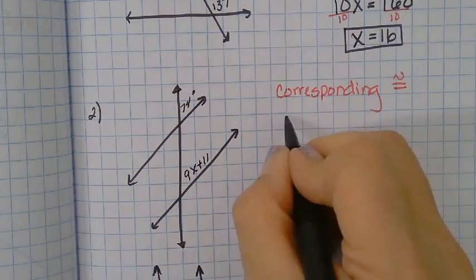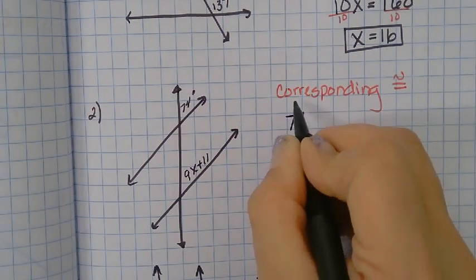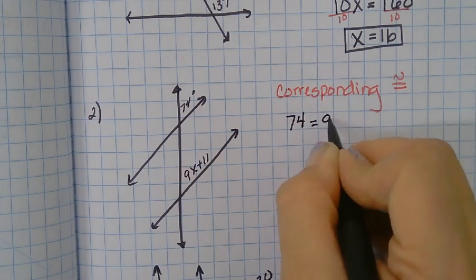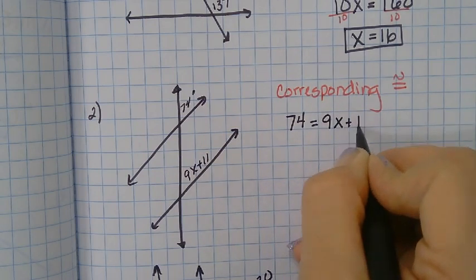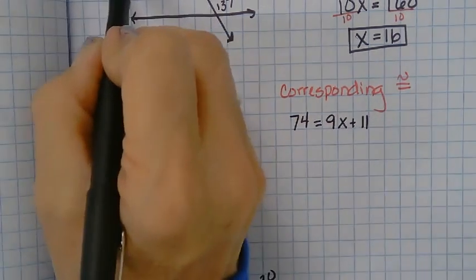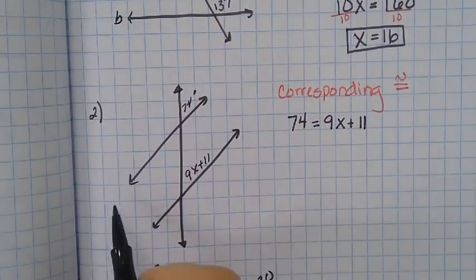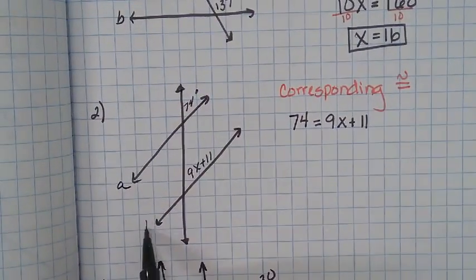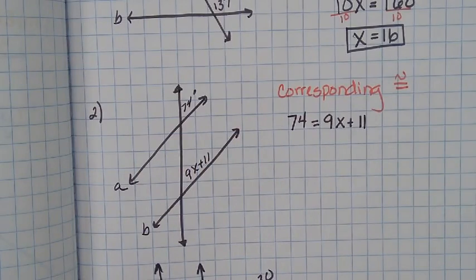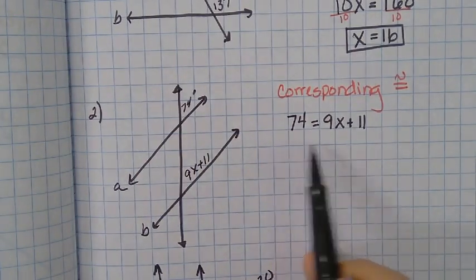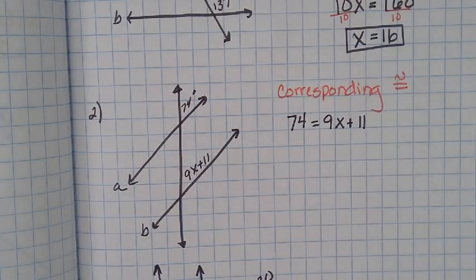So that means if we want to use that information to solve for x, these should have A's and B's on them, our parallel lines, the ones that we're trying to make parallel. But that's going to be your equation: 74 equals 9x plus 11.